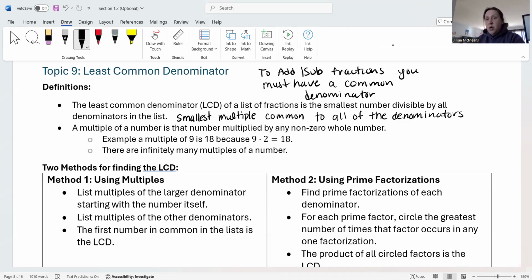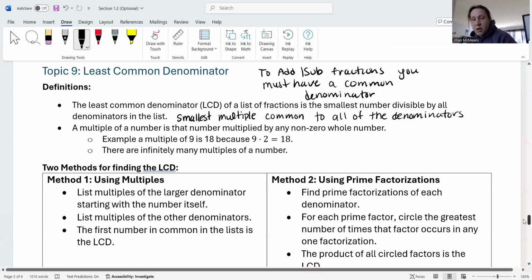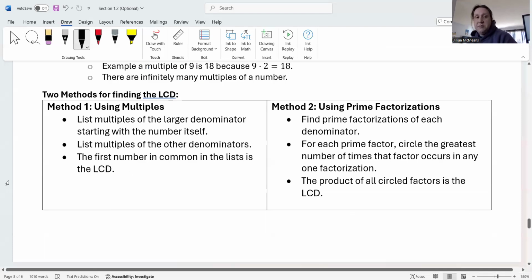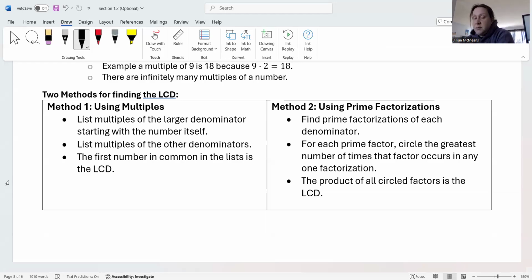Okay, so what we're going to do is look at how to find a least common denominator. And there are basically two methods. One involves multiples, the other involves prime factorizations. Method 1 is the one that students tend to like, but it can get a little out of hand sometimes.